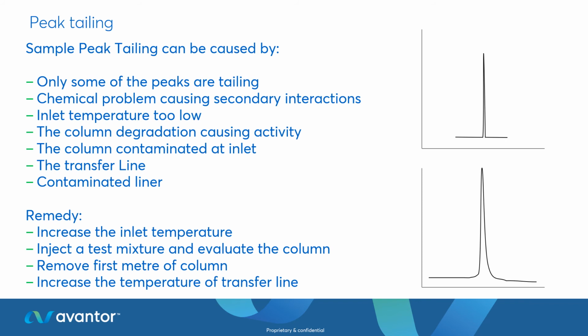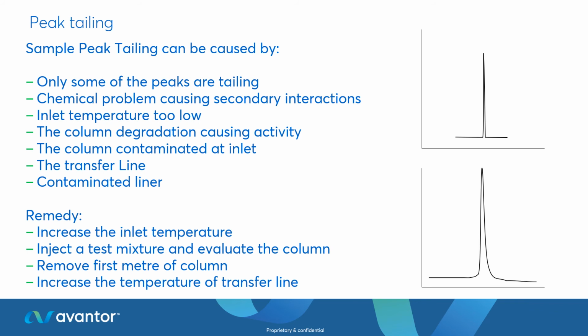It may be that the inlet temperature is too low, could be that column degradation is causing a degree of activity, or the column is contaminated at the inlet that is causing a different type of stationary phase that causes these secondary interactions, or indeed it could be something associated with the liner.